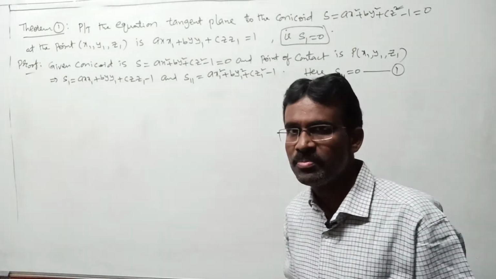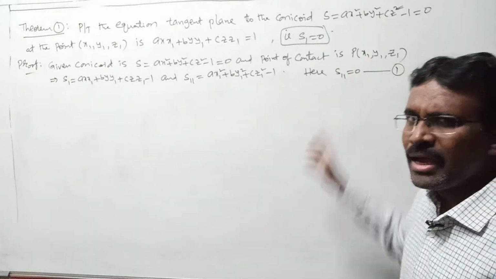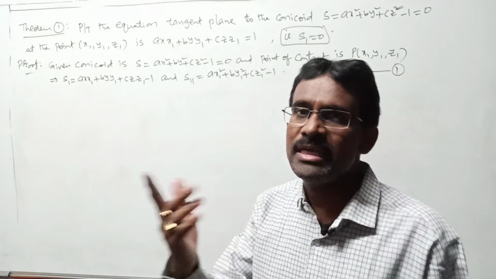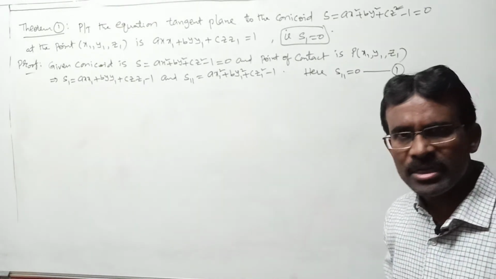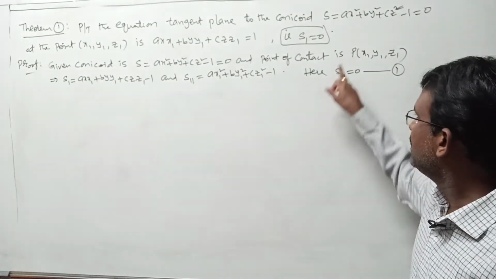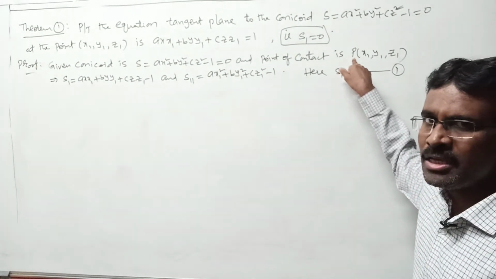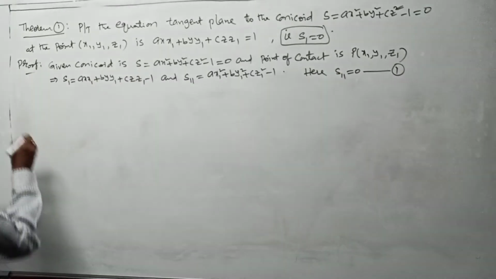In the next step, I want to define a line which passes through this point P and has some direction ratios l, m, n. At the end stages we can eliminate l, m, n and you get your required result, right? First, define a line passing through point P and having direction ratios l, m, n.